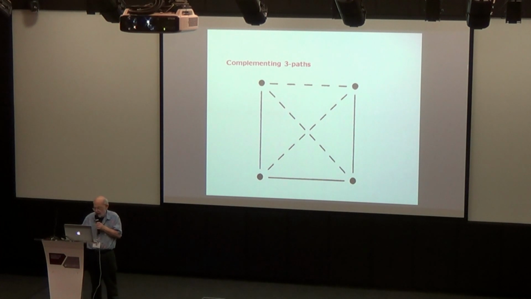This is another problem that's in the literature. A single graph, 2 colors, solid and dashed. You can think of the solid edges, of course, forming a path of length 3, and if you complement that path, that graph on the 4 vertices, you get another path of length 3.